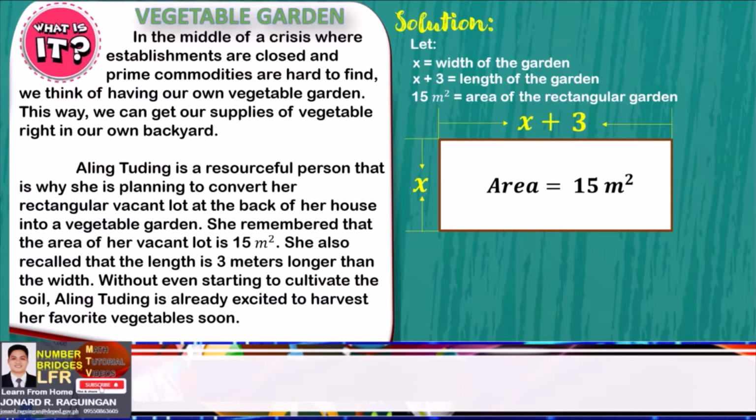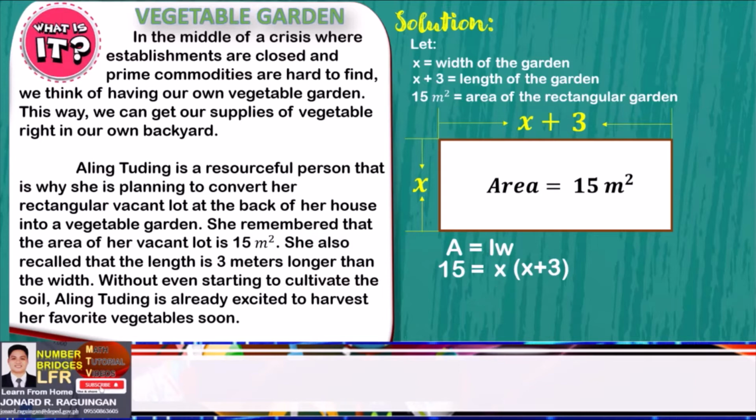Take note that in computing the area of a rectangle, we use the formula A is equal to length times width. Substitute the given into the formula. The area is 15 and the length is x plus 3 and its width is x.